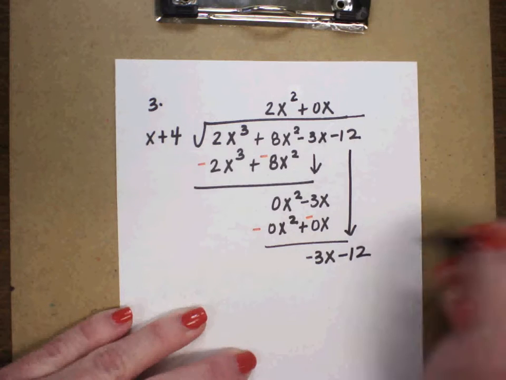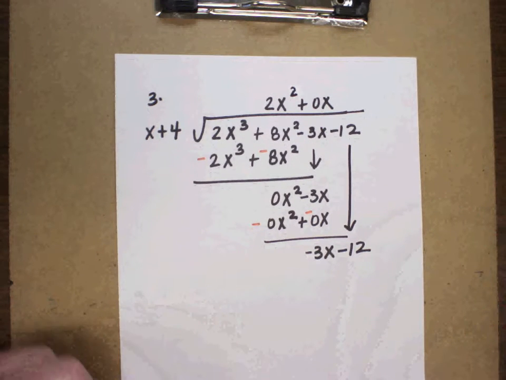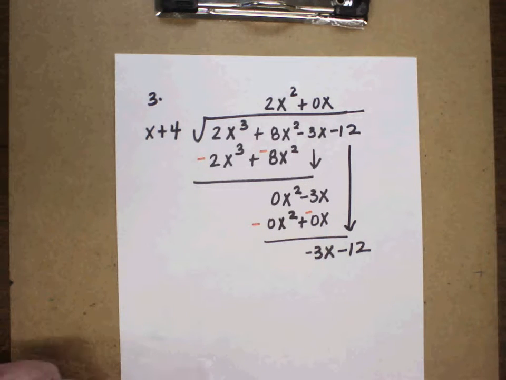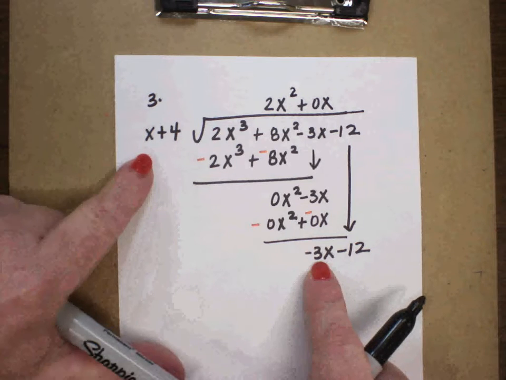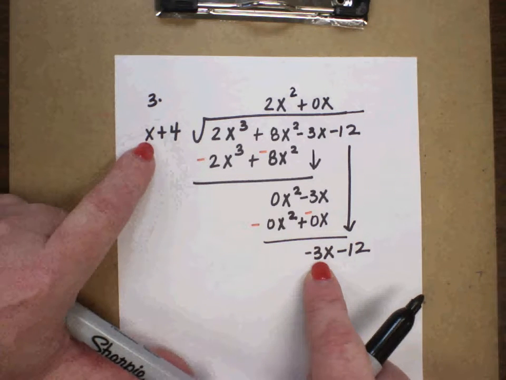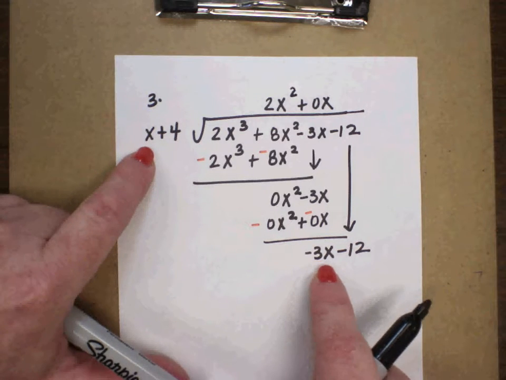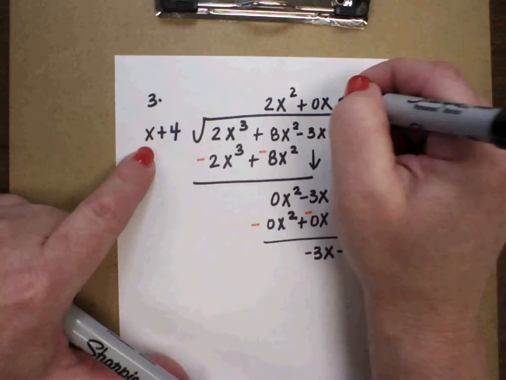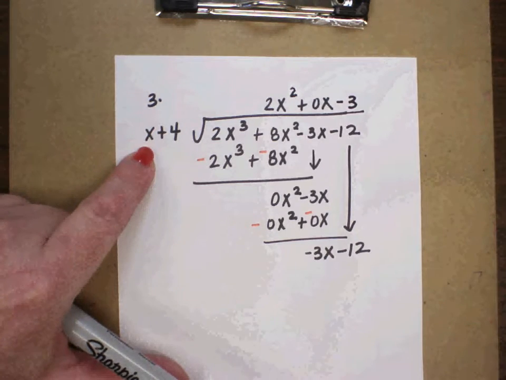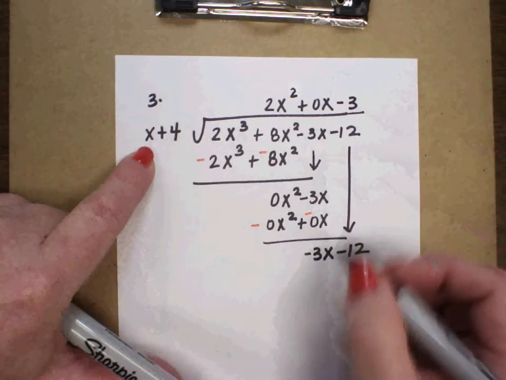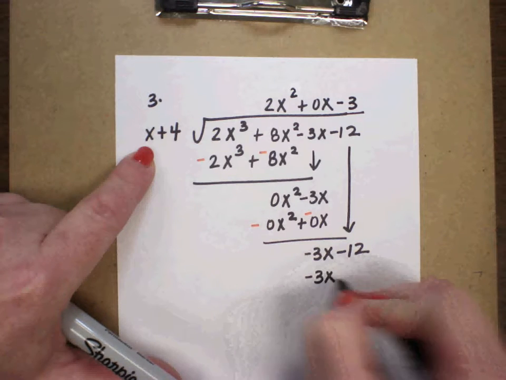Alright, so now I got to get rid of that minus 3x. So what do I need to multiply that x so that I can get minus 3x? Minus 3. Very good. So negative 3 times x is minus 3x. Negative 3 times 4, minus 12.